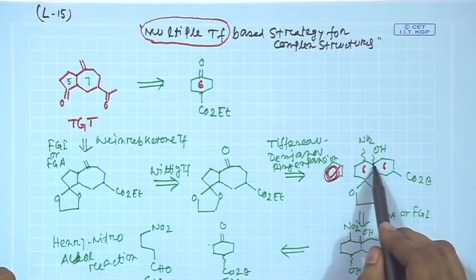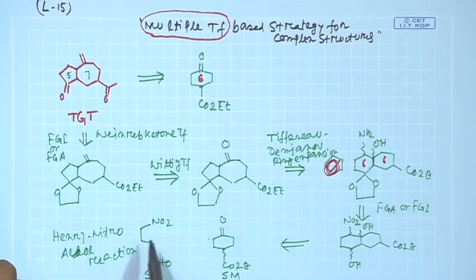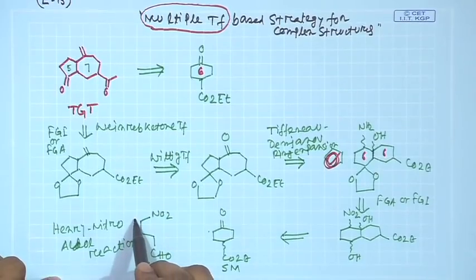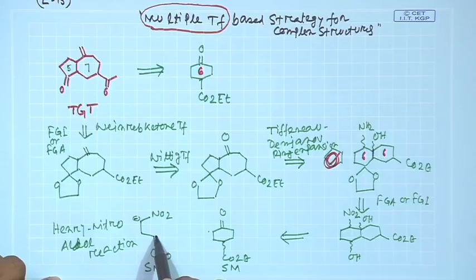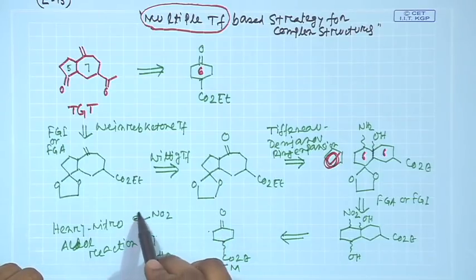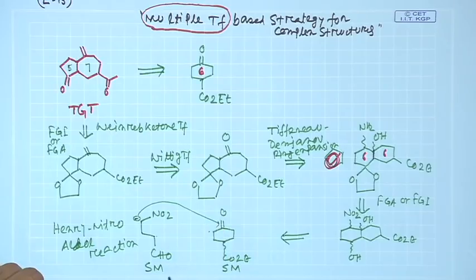So, you basically need to functionalize here. See, the nitro is here and this aldehyde also has alpha positions, 1, 2, 3, 4, 1, 2, 3, 4. So, you can try to connect in this way and in this way, and that will give you the main thing.